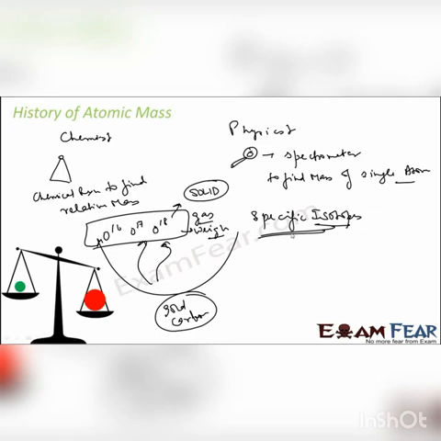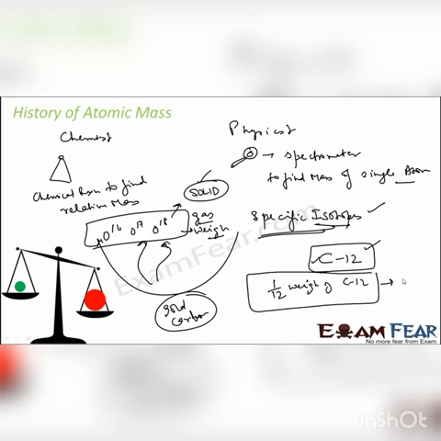Now what happened was, all these physicists and chemists met and decided, let's use the C12 isotope. Please note, since they were looking for a specific isotope, this is the C12 specific isotope, and the chemists were looking for a solid, and carbon is solid. So they said 1/12 of the weight of the C12 isotope be the base unit of reference.